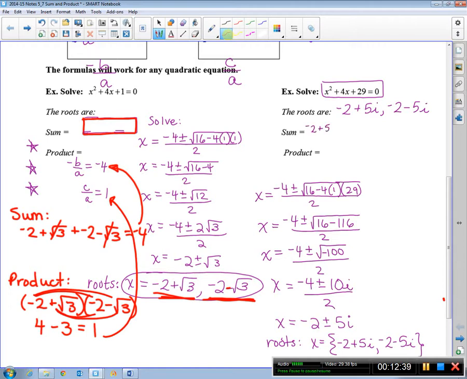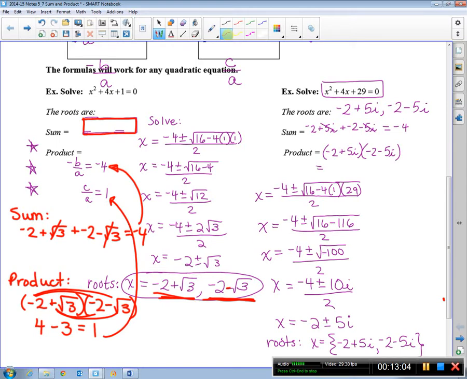Negative 2 plus 5i plus negative 2 minus 5i is negative 4 again. And I'm going to multiply those together. Negative 2 plus 5i times negative 2 minus 5i. We'll do all the work and then we'll see how it connects.